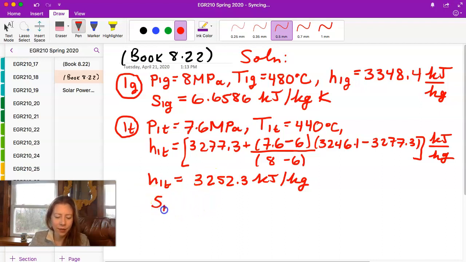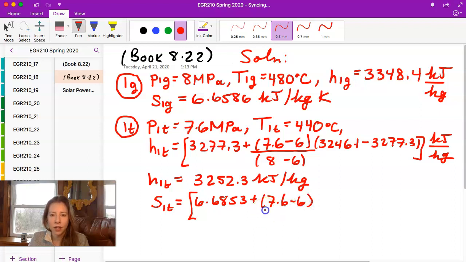So following the same pattern here. The lower limit for 6 megapascals of entropy at 440 degrees Celsius is 6.6853, and then it's going to be the same ratio, the 7.6 minus 6 over 8 minus 6, and then the upper limit entropy. For the higher pressure, it's going to be a lower entropy, so that's 6.5190. And that makes sense, right?